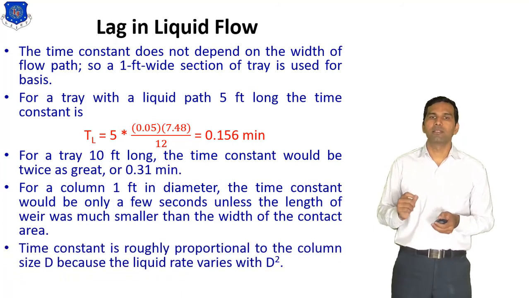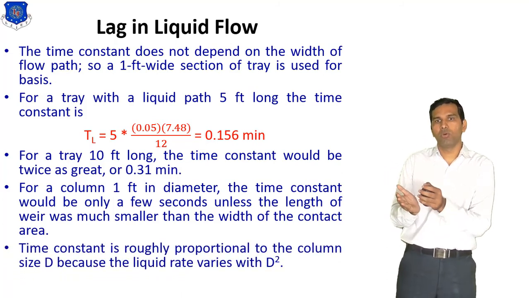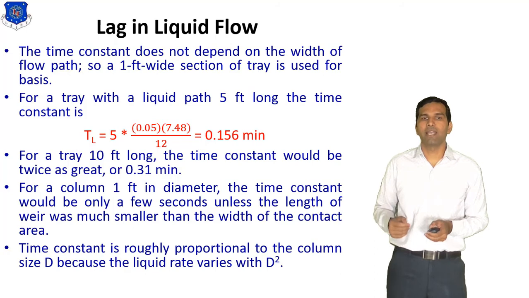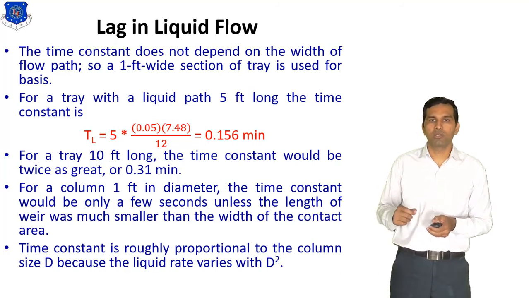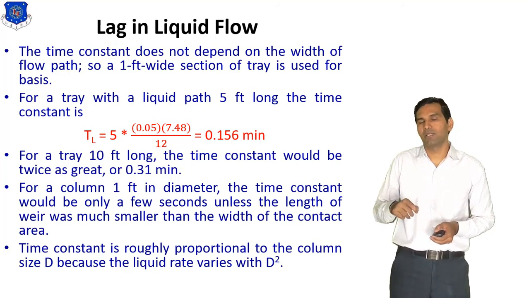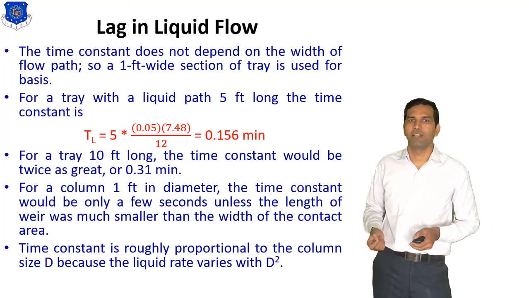The time constant is roughly proportional to the column size D because the liquid rate varies with D squared.